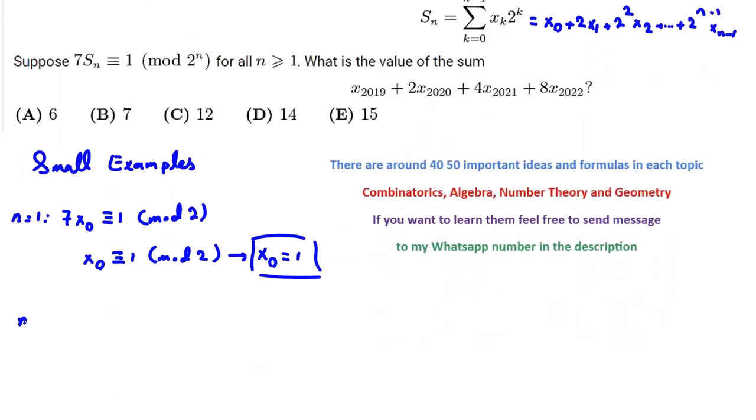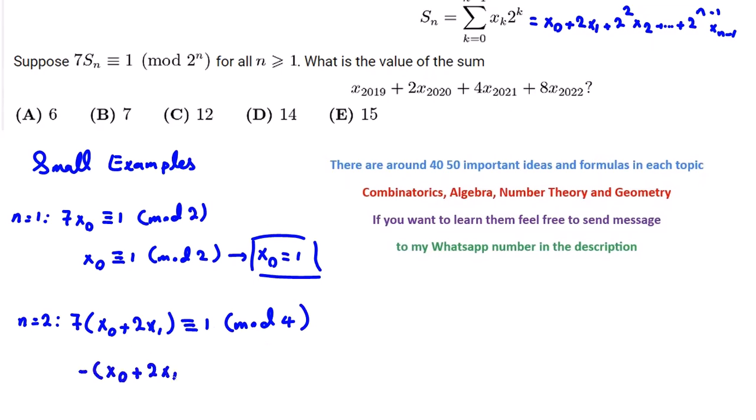So we found x0. Now let's try to find x1. So we consider n equals 2. So 7x0 plus 2x1 is congruent to 1 mod 4. 7 mod 4 is negative 1. So negative x0 plus 2x1 is congruent to 1 mod 4.